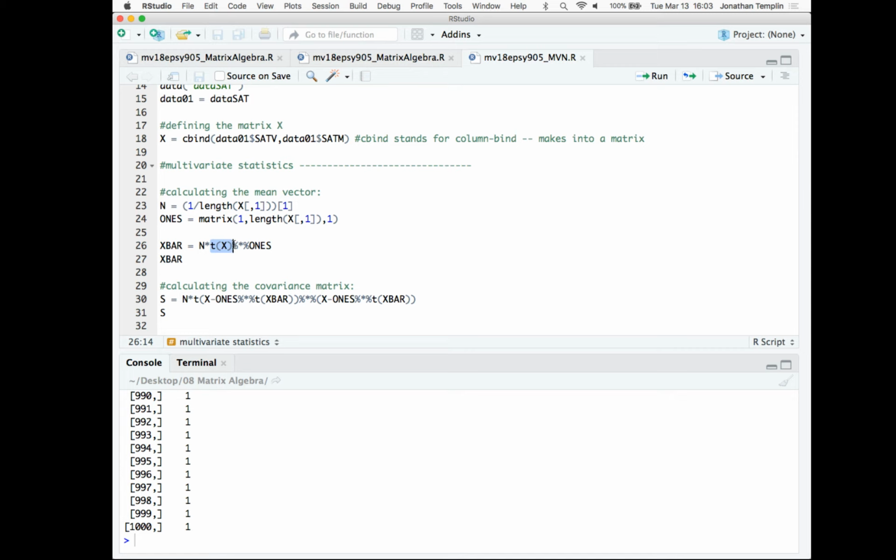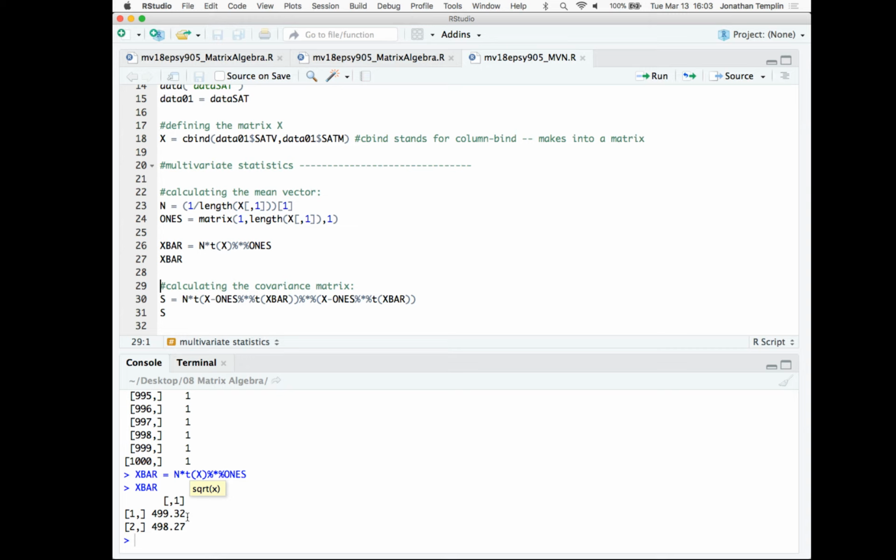So 2 by 1,000 times 1,000 by 1 is multipliable, because the columns of the first match up with the rows of the second. Sure enough, the mean vector is 499.32, which is our verbal mean, and 499.27, which is our math mean. Or you could just use the mean function.